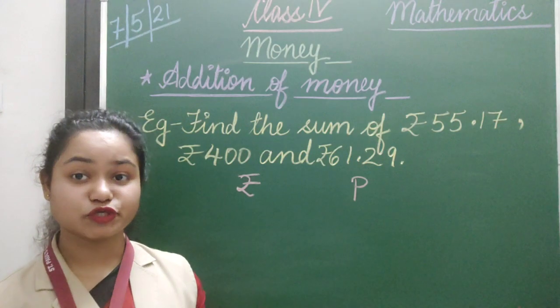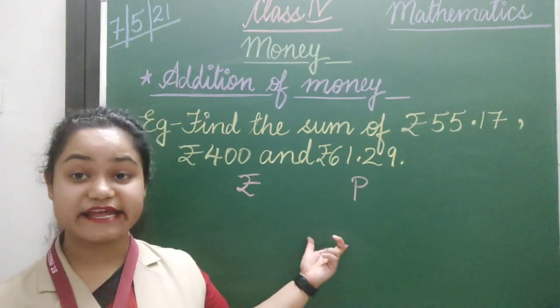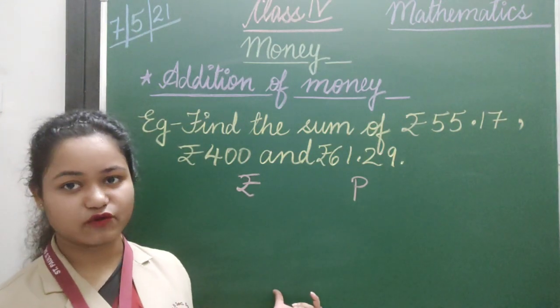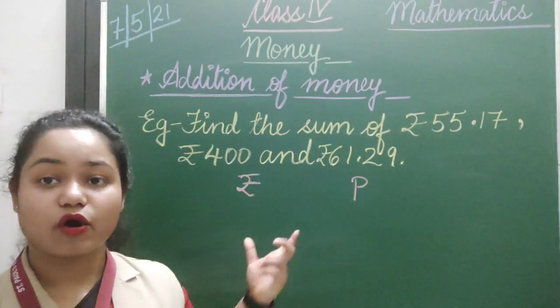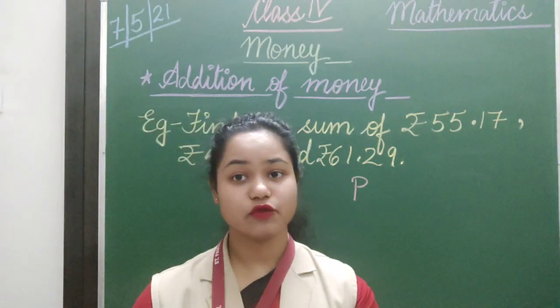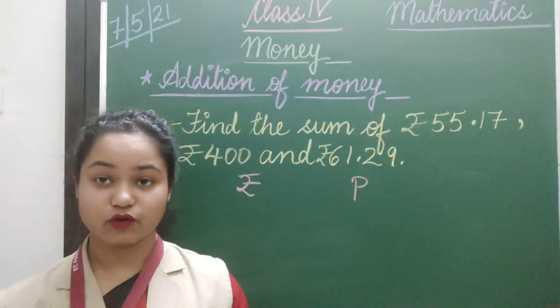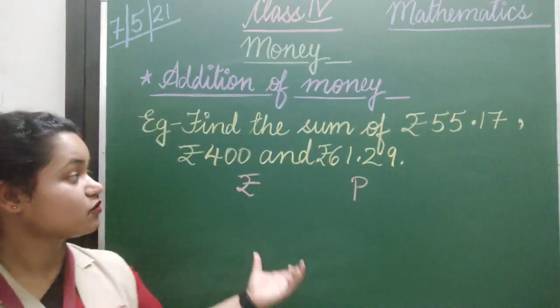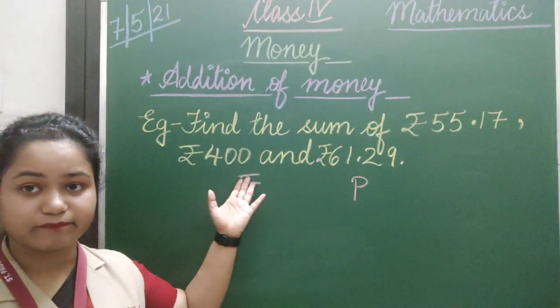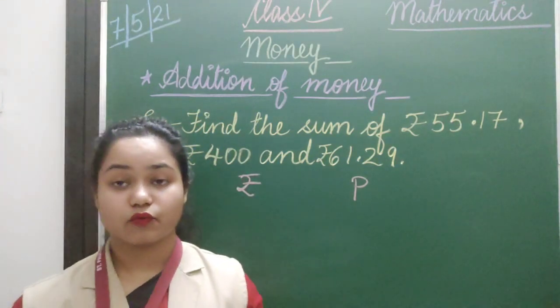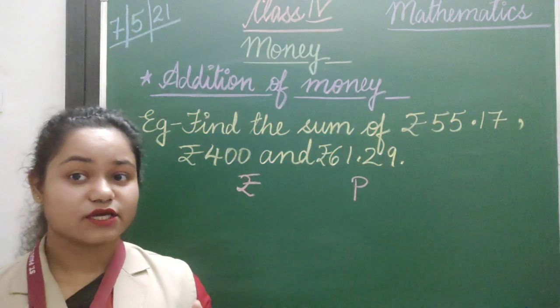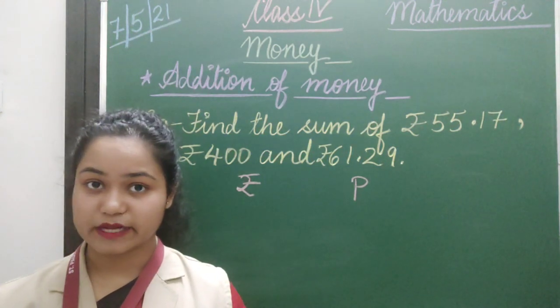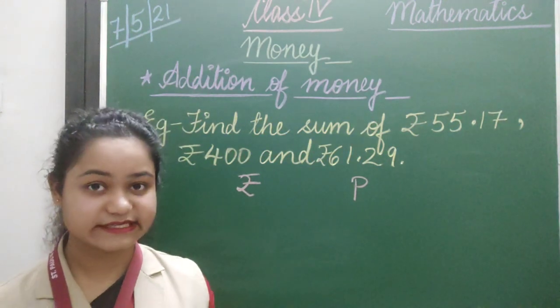Now, why have I taken such a question? Because I want you to learn how to arrange them first and then write. Already arranged questions we usually don't give in exams. We are going to give you a question in this way. Now, because you are all grown up now, you are in class 4, isn't it?